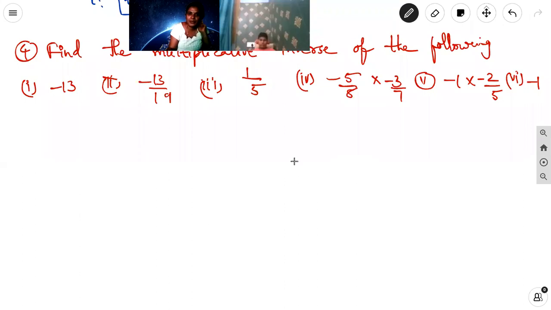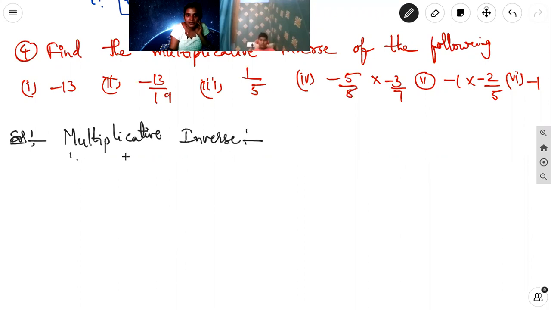Fourth problem, find the multiplicative inverse of the following. First, we write what the multiplicative inverse is and how we can find it. The multiplicative inverse property, first we recall it, then we write the inverse elements of the given.